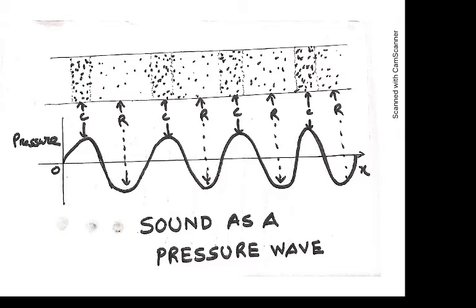Okay, as you can see, in the compressive region there is an accumulation of molecules, so the gas pressure at that region will be much higher. This positive pressure is shown by the positive cycle of the sinusoidal plot, whereas in the absence of molecules the pressure will be less than normal.